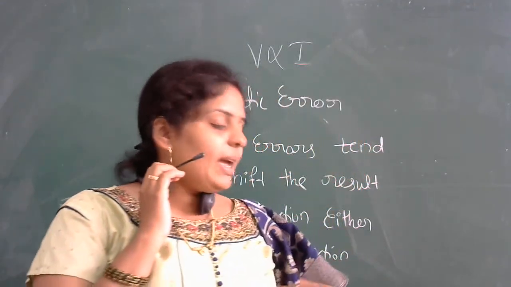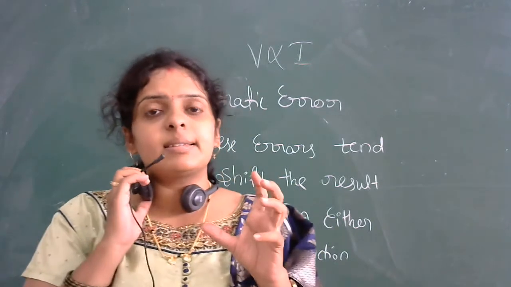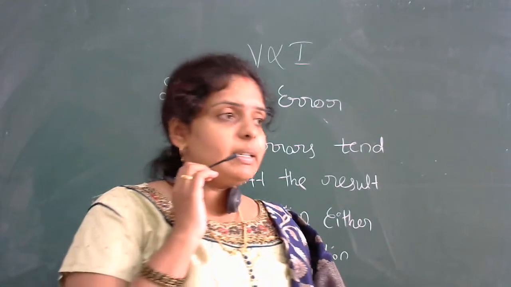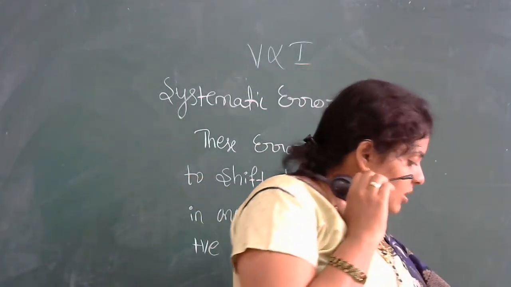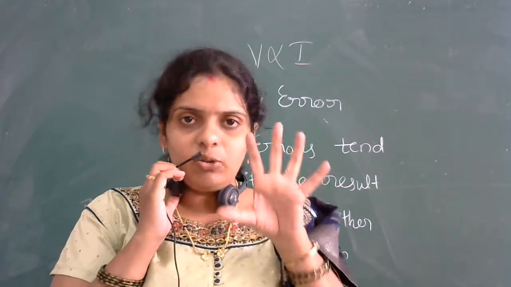Then next we have the second reason why systematic error occurs, that is experimental defect. Experimental defect in the sense that it is imperfection in experimental technique or procedure. Here the teacher will explain the procedure.